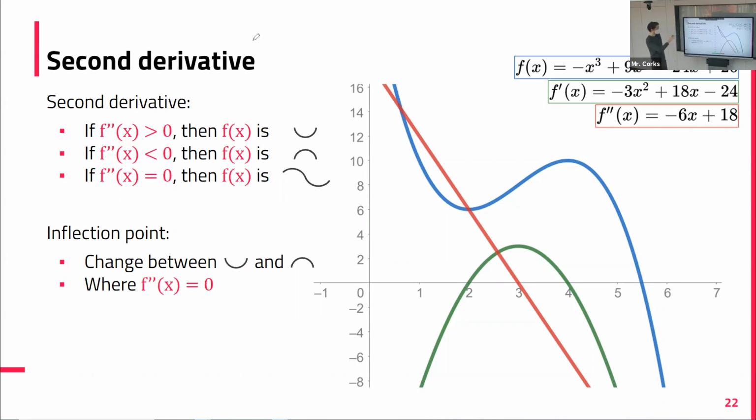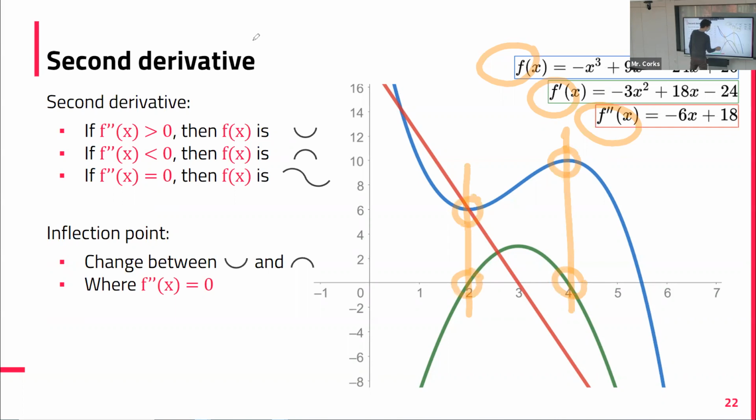Okay, so we're going to try to understand the relationships between these three things here. Just to remind you, the blue one is the original function, the green one is the first derivative, and the red one is the second derivative. The relationship between the original function and the first derivative, green and blue, we talked about lots last time, and we reviewed that today as well. So maximum point, 0, minimum point, 0.